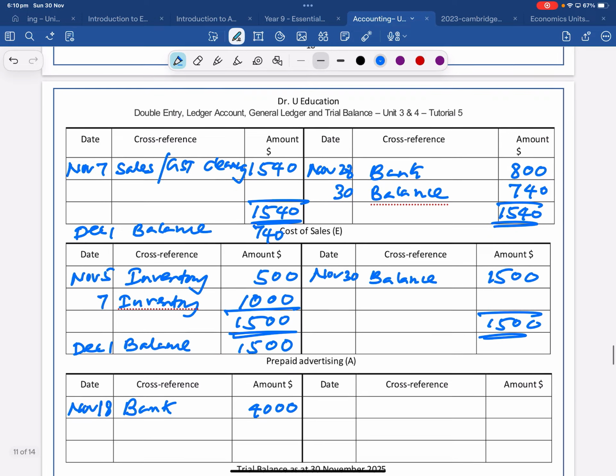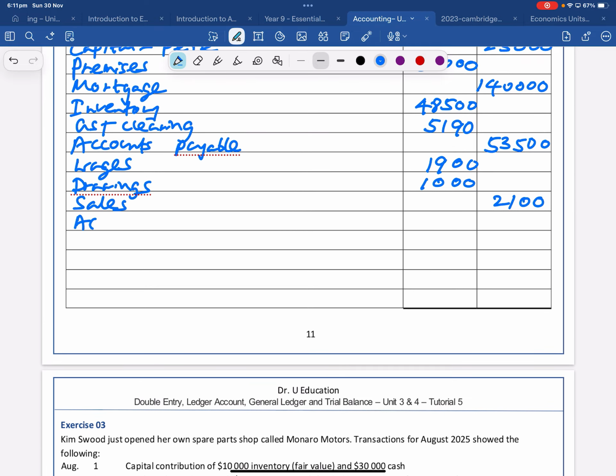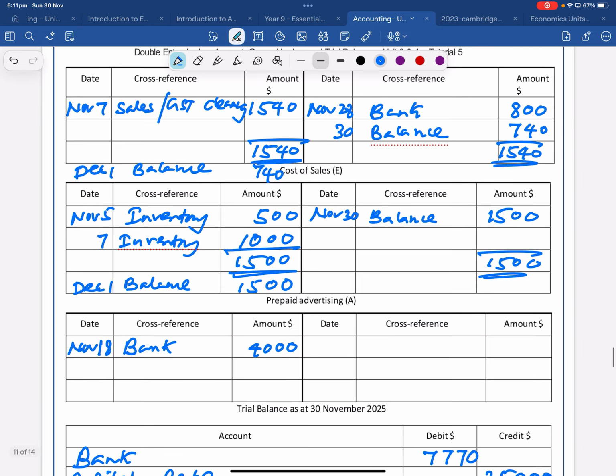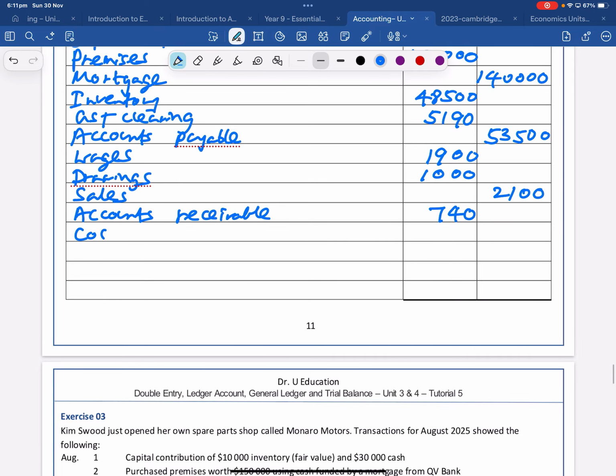Accounts receivable 740. Cost of sales, prepaid advertising $1,500. Prepaid advertising $4,000 debit.